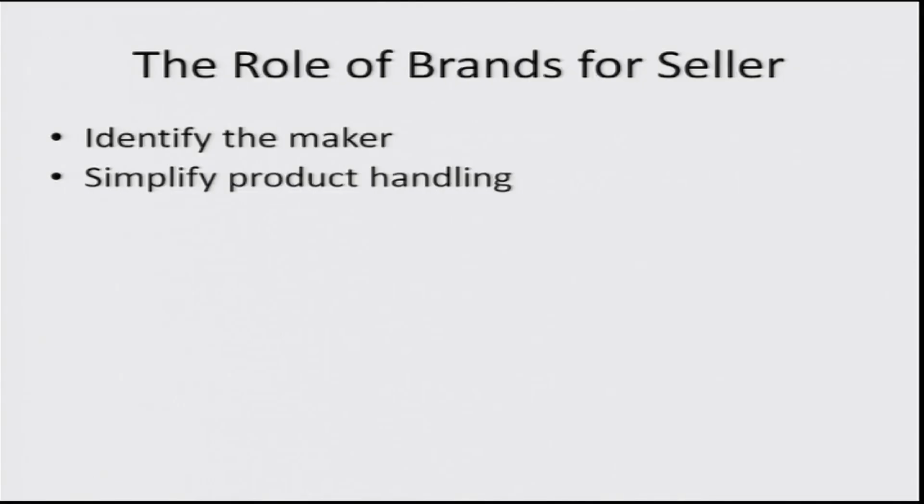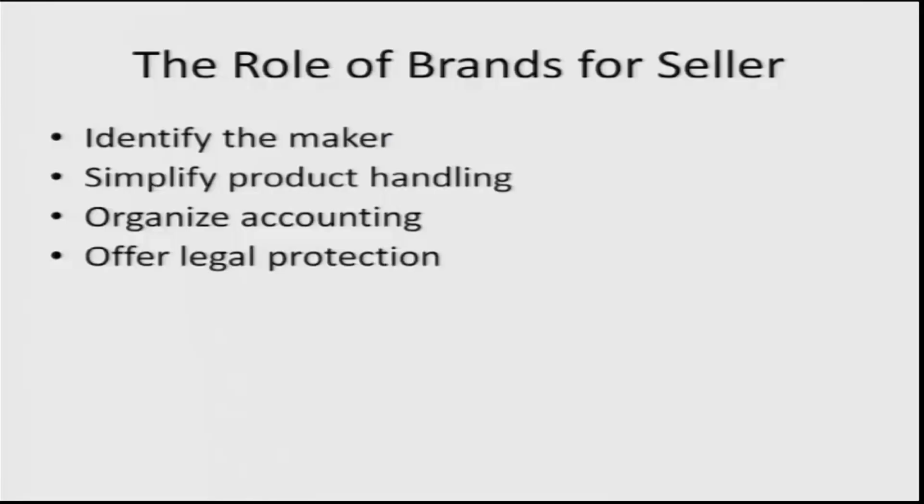The second thing is that it simplifies product handling. In any organization you will see that in operations or processes, managing the product is much easier. This is true at the manufacturing level, and it is also true for distribution and sales. It helps in organizing the accounting.